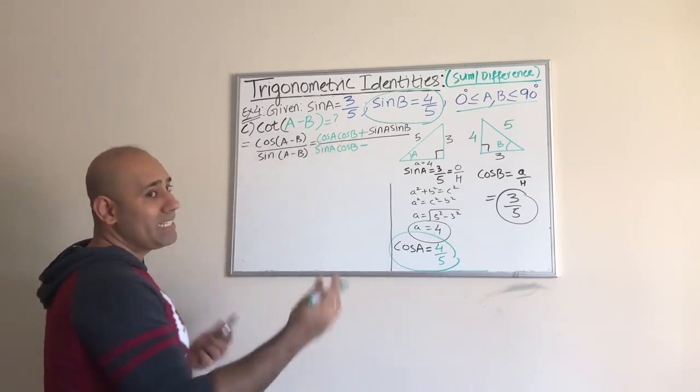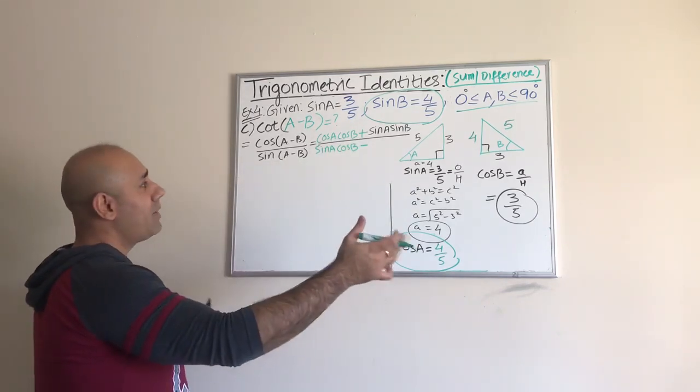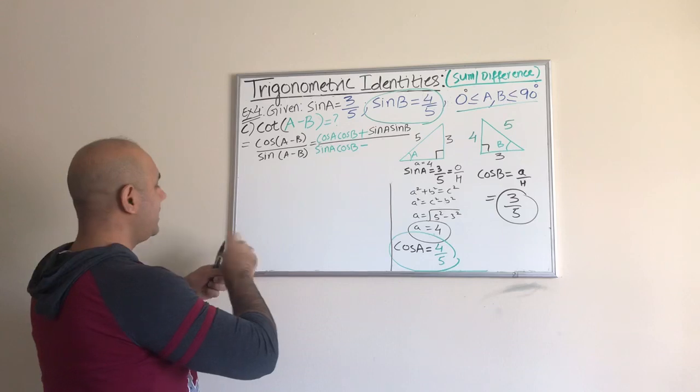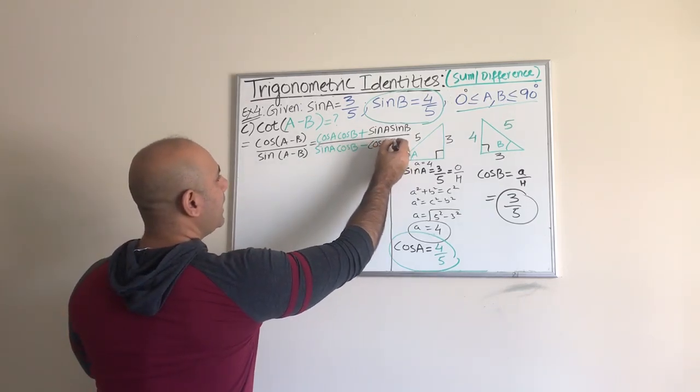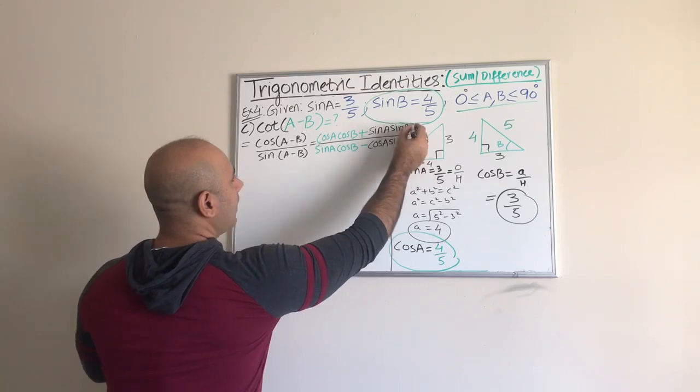Here it stays consistent: if there's a minus, you have a minus on the right hand side, and the other side is cosine A sine B. Okay.